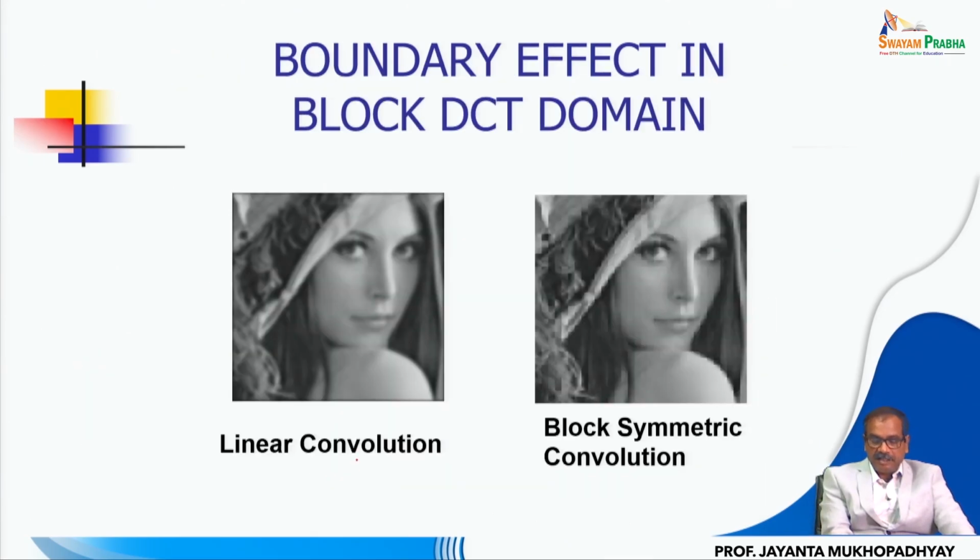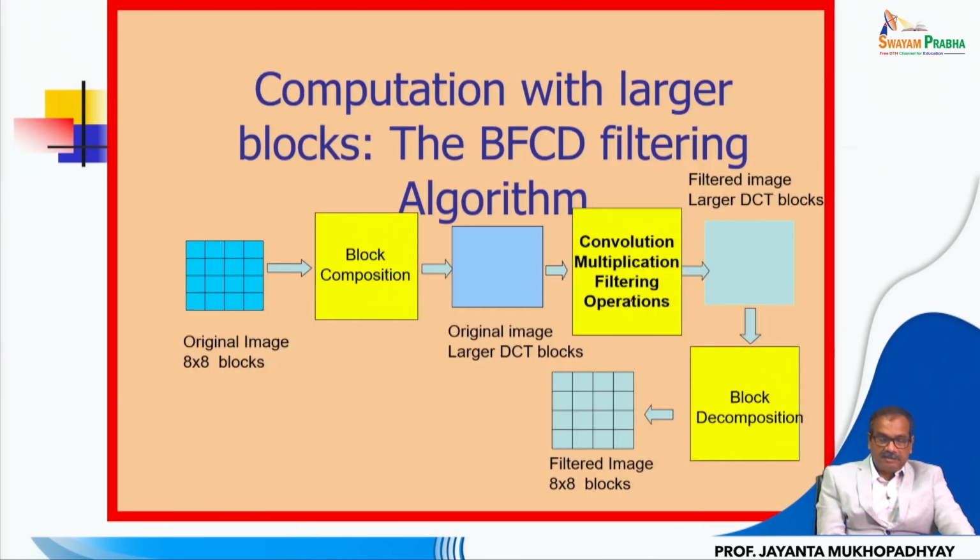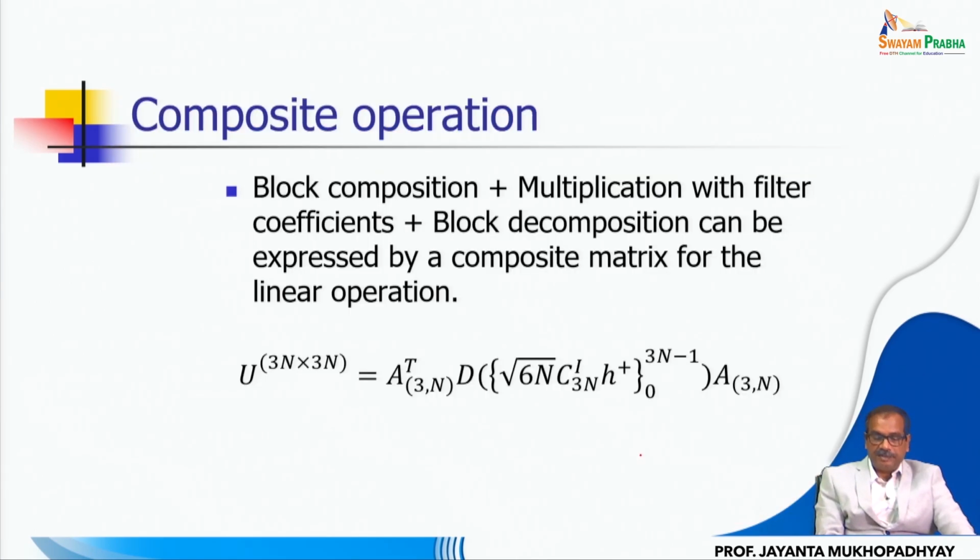This is the linear convolution operation, and this is the block symmetric convolution, and you can see a lot of artifacts in this result. So this algorithm, as I was telling you, can be expressed in terms of operations where you work with larger blocks. Instead of 8 cross 8 blocks, you can merge into a larger block, perform the convolution multiplication operation, then again decompose, and you get the filtered image blocks.